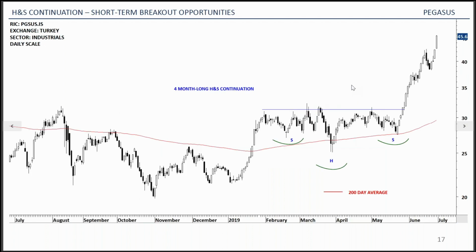Now we look at another horizontal chart pattern, head and shoulder continuation. This chart was not featured in the report. Not everything is featured. Not everything I'm able to capture as I go through the charts.